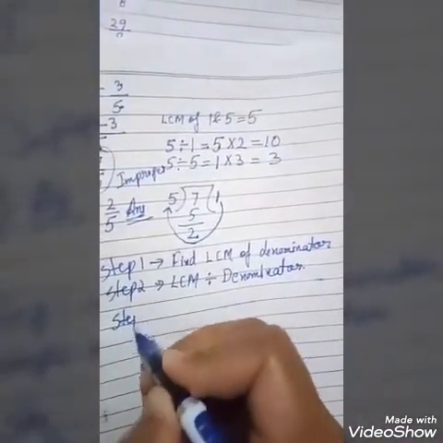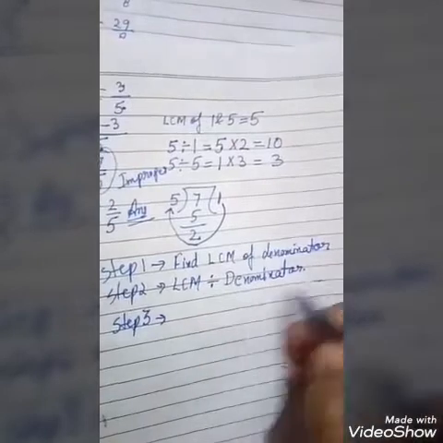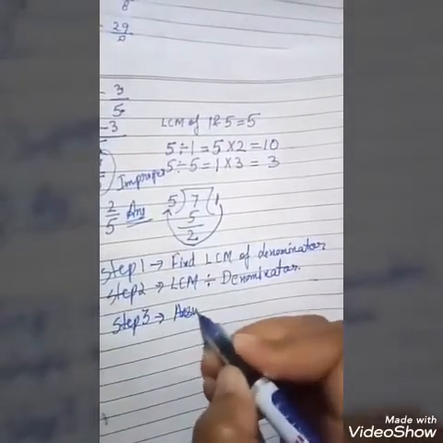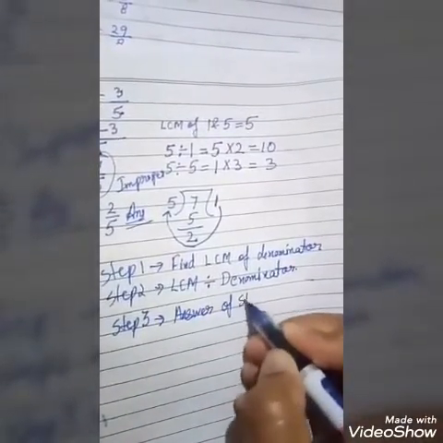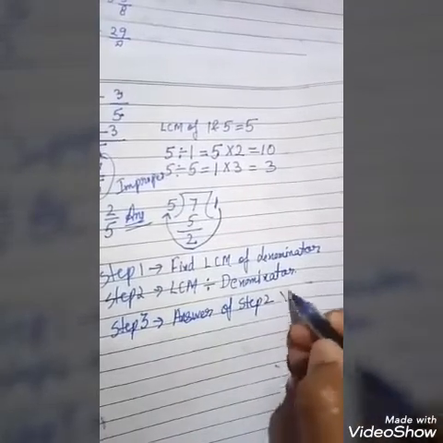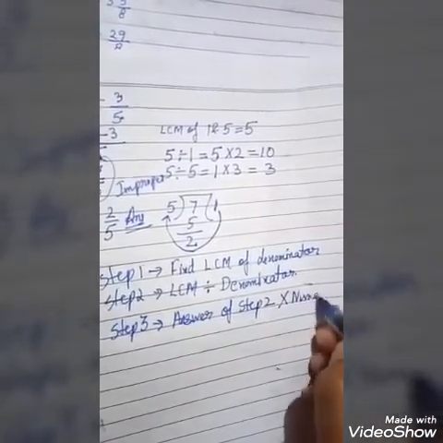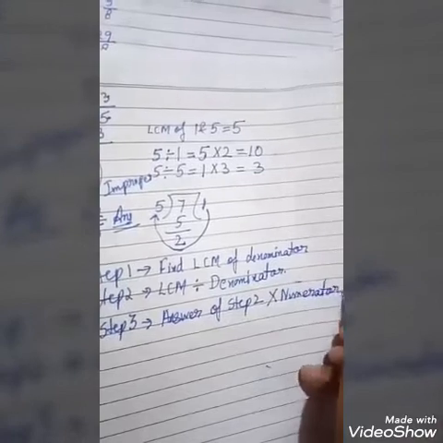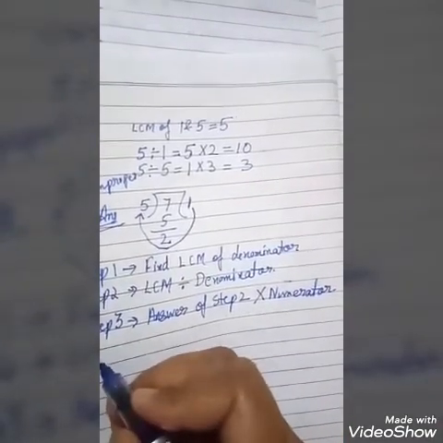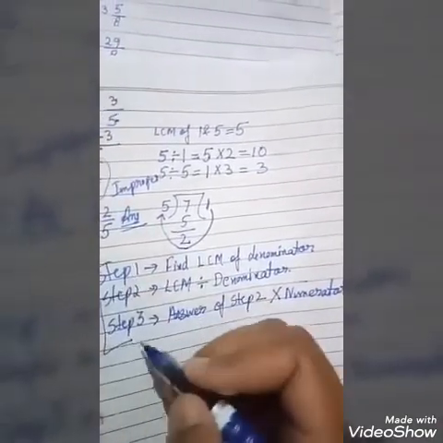Step 3 is answer of step 2 multiplied by numerator. Clear? These 3 steps you have to follow.